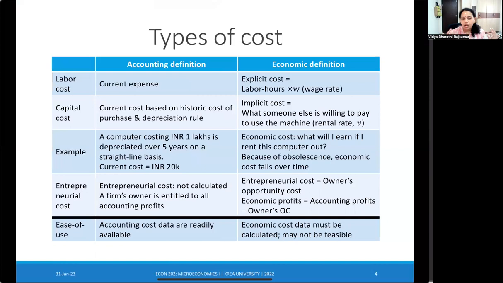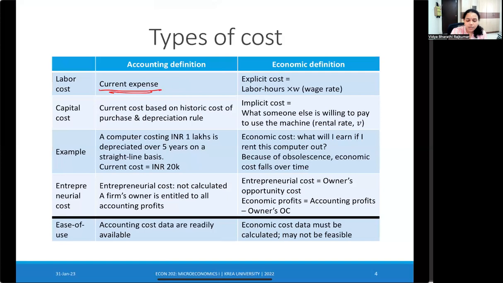Maybe somebody who is a wage laborer is supposed to be paid, say, 100 rupees per hour or 200 rupees per hour. In that case, labor costs are generally the number of labor hours that your workers put in times the going wage rate per hour. So that would be an out-of-pocket expense. That's how the bookkeeping entries would be made.